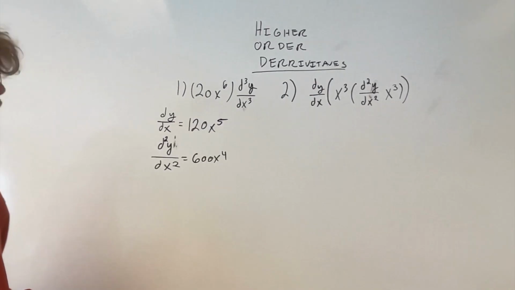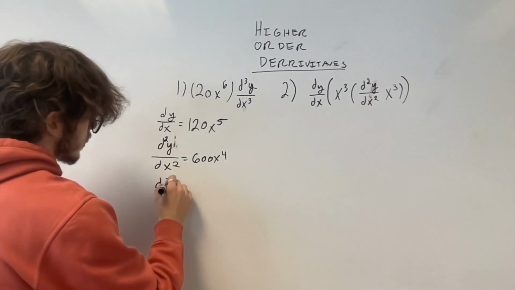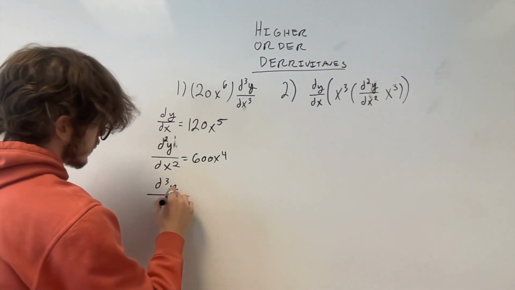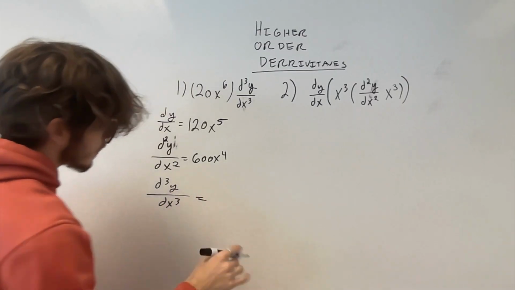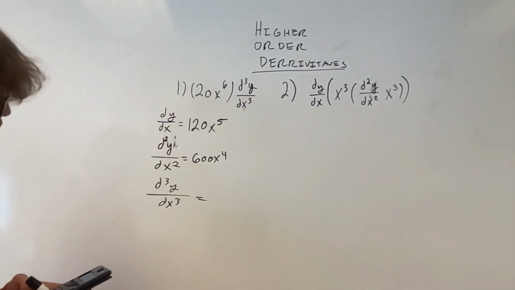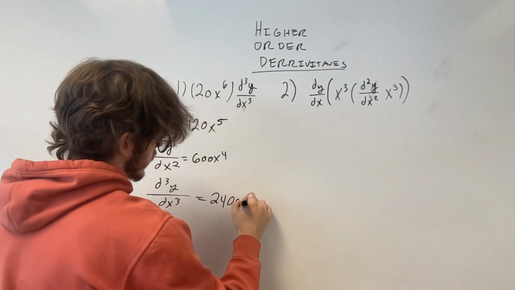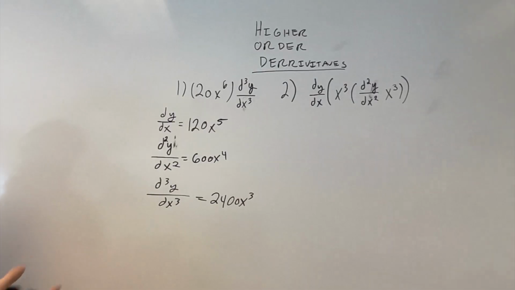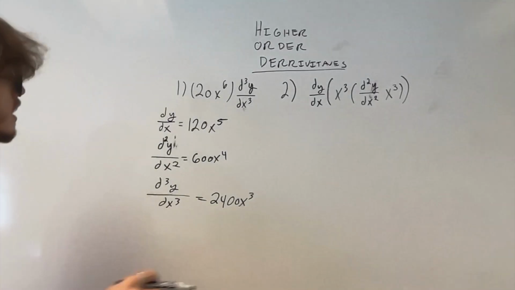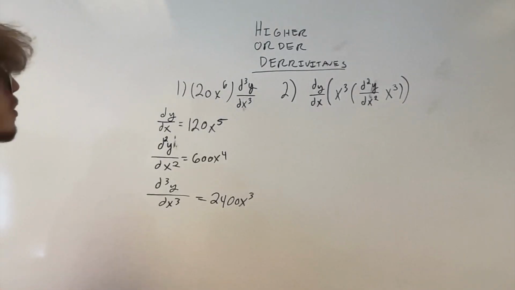Okay, that's the second derivative, and we know that the third derivative is equal to, well, just follow the simple pattern here. 600 times 4, 2400x to the third. So that's the third derivative of that. Hopefully that makes some intuitive sense to us. We're just taking the derivative multiple times.